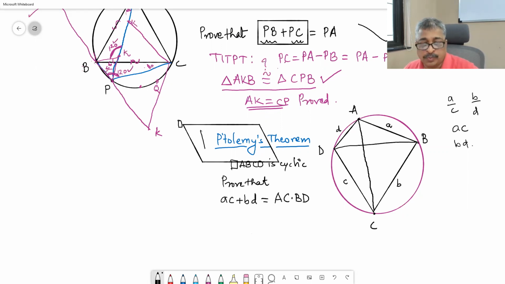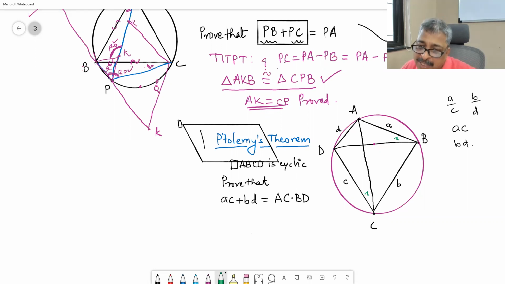It is as follows. Take any point K on this DB such that, why should we take that point? See, this angle X is equal to this angle X, right?